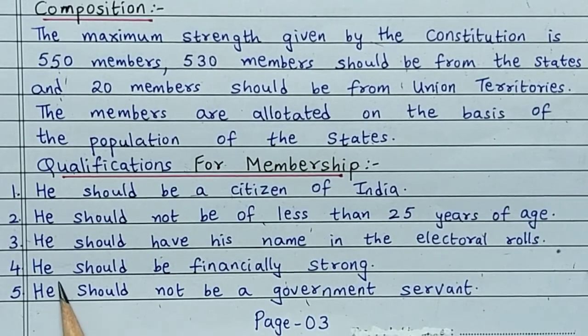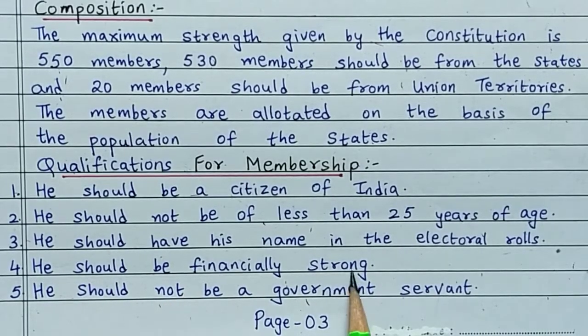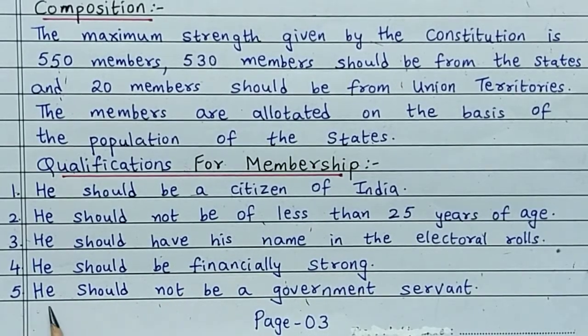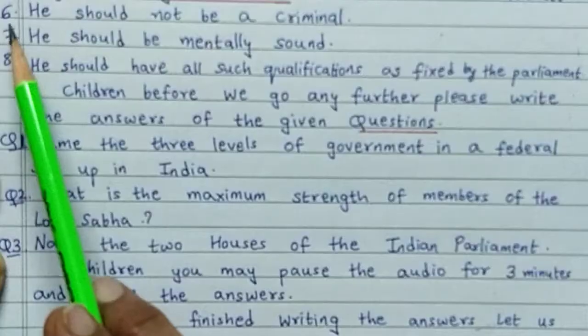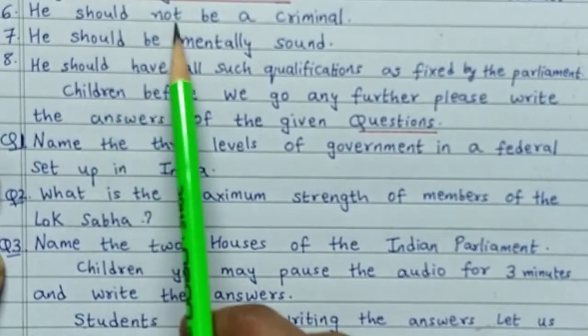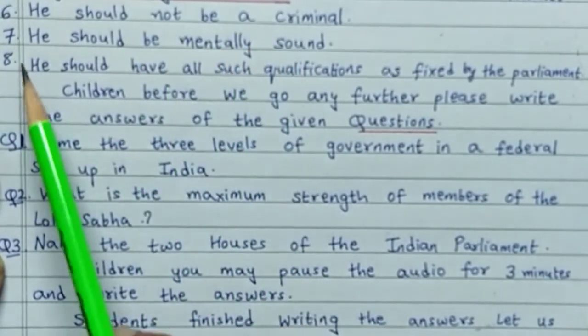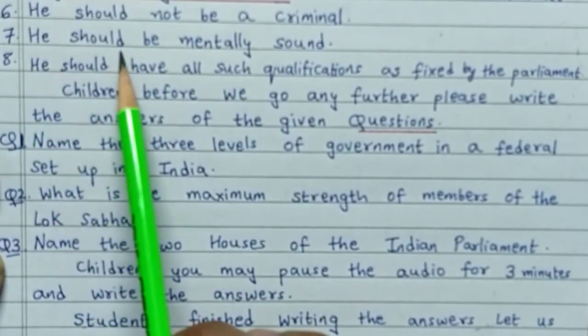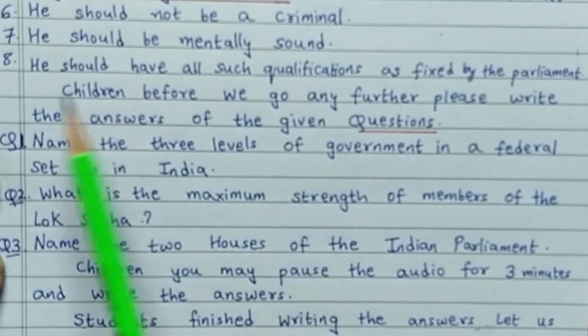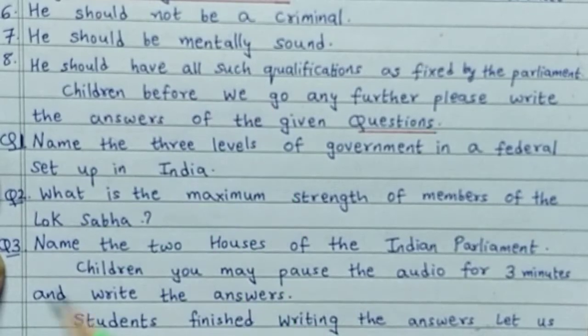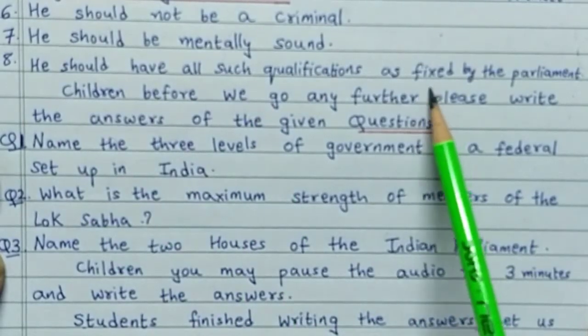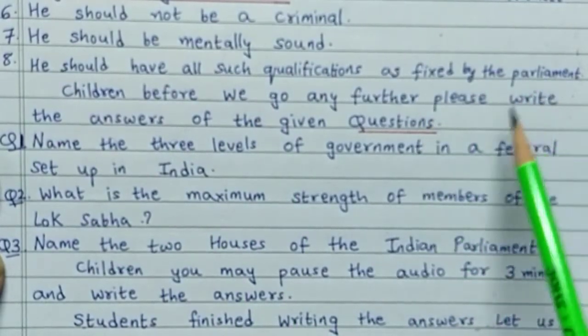Fourth, he should be financially strong. Fifth, he should not be a government servant. Number 6, he should not be a criminal. 7, he should be mentally sound. 8, he should have all such qualifications as fixed by the Parliament.